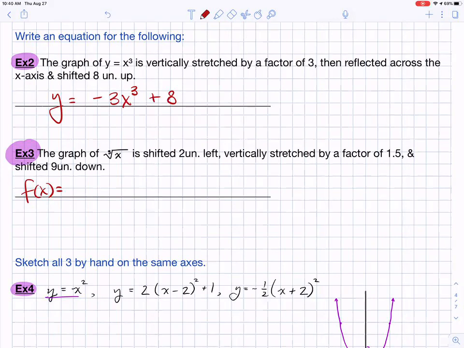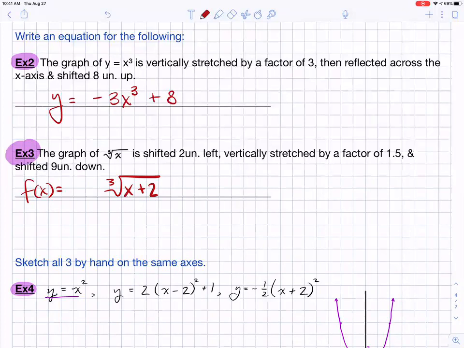Remember, anything that's horizontal, and left is horizontal, should be on the inside. So how should I write just the 2 units left part? We've got the cube root of x plus 2, all of that on the inside of my cube root. November, does that make sense? Yeah, I think so. Okay, because anything to the left has to be on the inside of the parent, and the parent is my cube root.